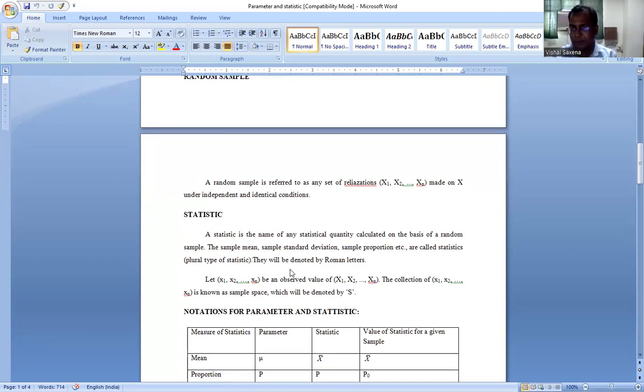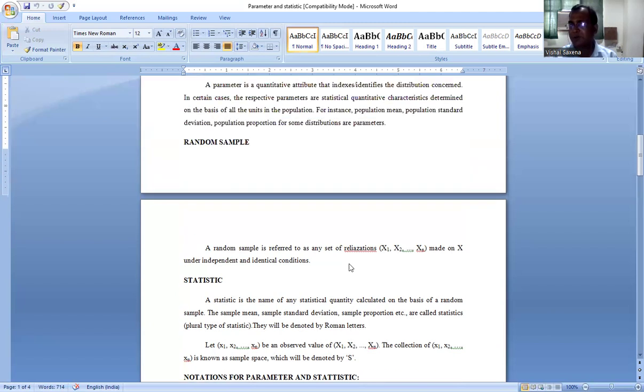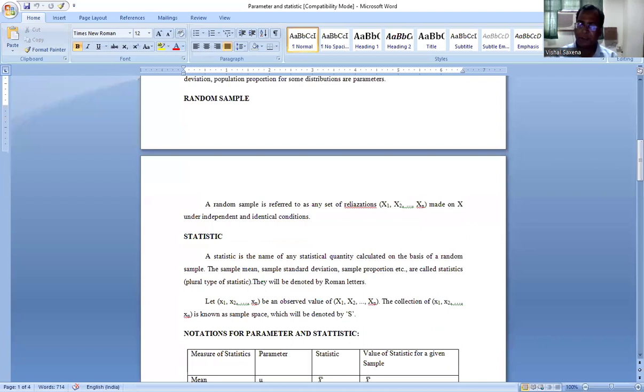Statistic. A statistic is a word defined for the sample, and it is the name for a statistical quantity calculated on the basis of a random sample. Previously we discussed the parameter, which is again a statistical quantitative characteristic, but defined for the population, while a statistic is the name of a statistical quantity calculated on the basis of a random sample.